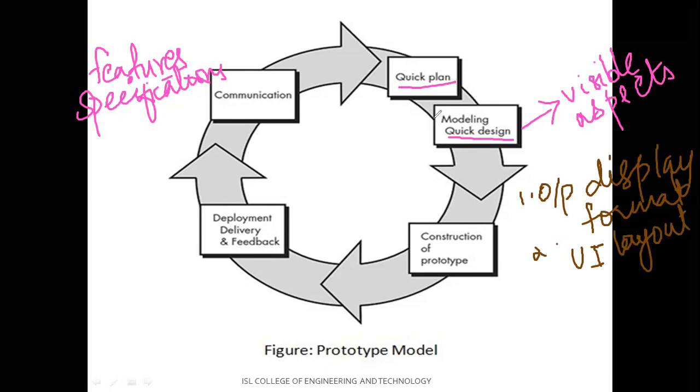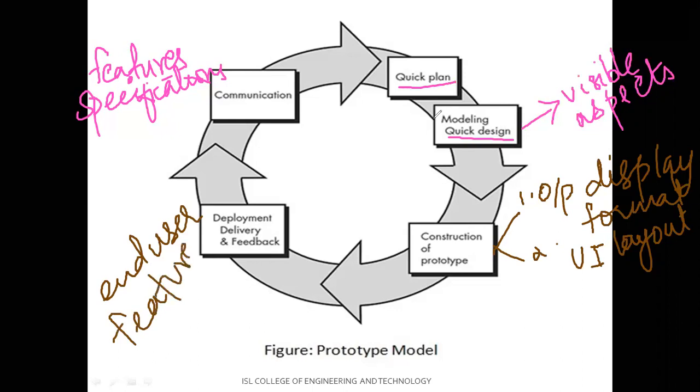So this prototype model is built upon these two things, your output design and your user interface layout. Then this prototype is going to be shown to the end user. The end user is going to see the different applications and features, and based on that, he is going to give you feedback.